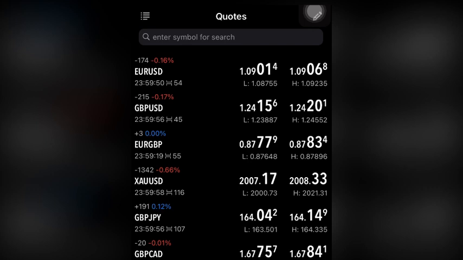Okay, now where is the bid price? Where is the ask price? The left number here is the bid price, which is 1.0901 raised to power 4. And the right number here is the ask price, which is 1.09068. The left is the bid price, the right is the ask price.